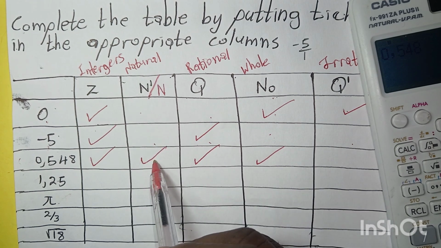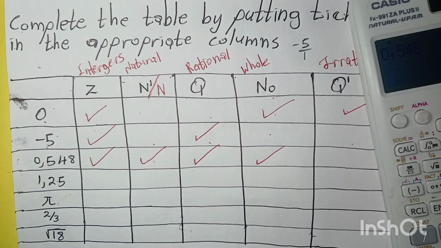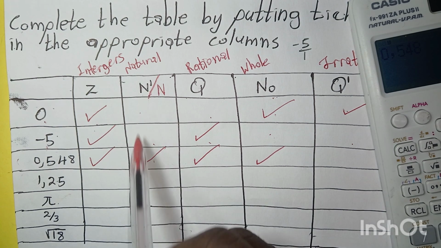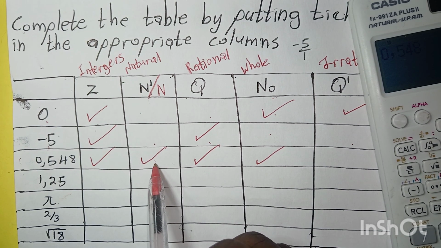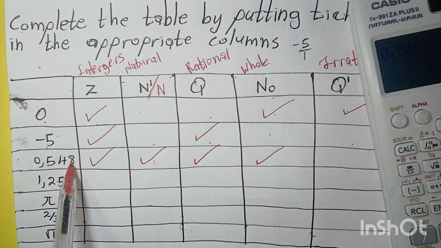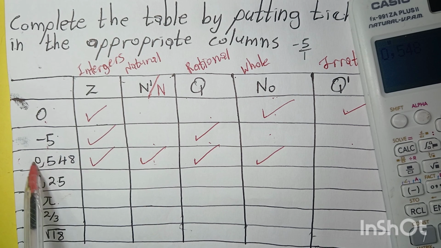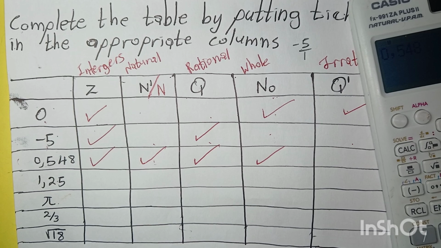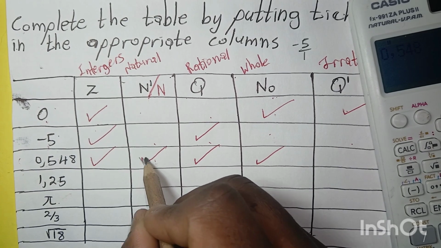And also here, natural numbers start from 1, 2, 3, 4, 5. Oh, sorry guys. This thing can't be a natural number, because natural numbers start from 1. This thing is 0.54. Do you see? It means it is less than 1. It does not start at 1. So here, guys, I made a huge mistake.